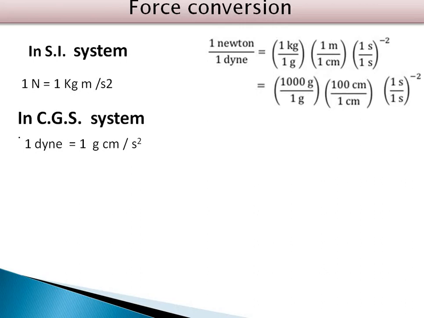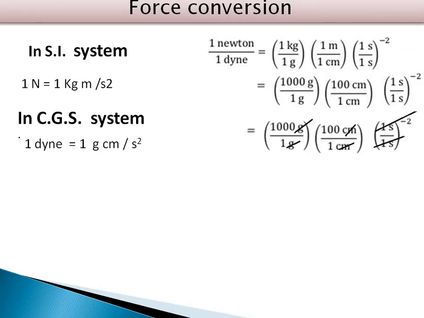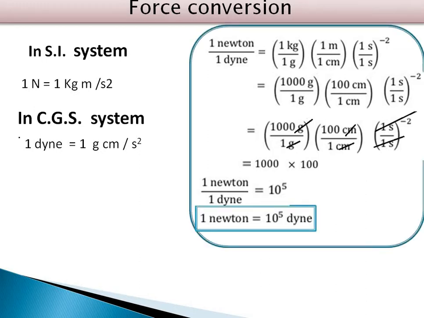So it is nothing but 1000 gram divided by 1 gram, 100 centimeter divided by 1 centimeter, and 1 second by 1 second. So all units get cancelled. So we can say that 1 Newton divided by 1 dyne is equal to 10 to the power 5. Or in short, 1 Newton is equal to 10 to the power 5 times dyne. Okay, so this is about the conversion of forces.